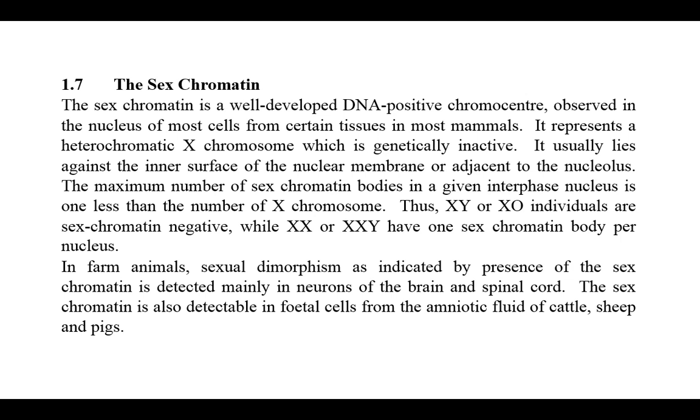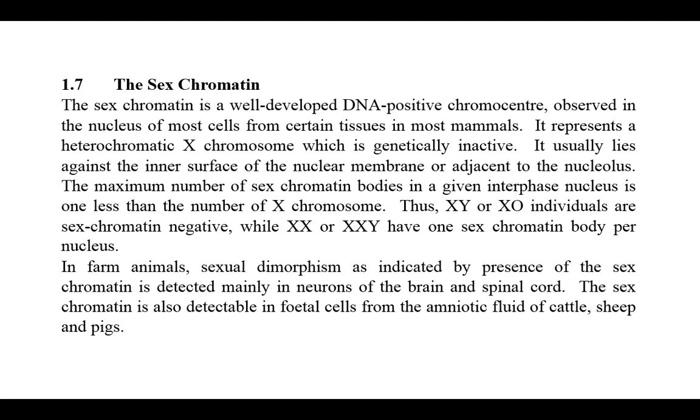The sex chromatin. The sex chromatin is a well-developed DNA positive chromocenter observed in the nucleus of most cells from certain tissues in most mammals. It represents a heterochromatic X chromosome which is genetically inactive. It usually lies against the inner surface of the nuclear membrane or adjacent to the nucleolus. The maximum number of sex chromatin bodies in a given interphase nucleus is 1 less than the number of X chromosomes.